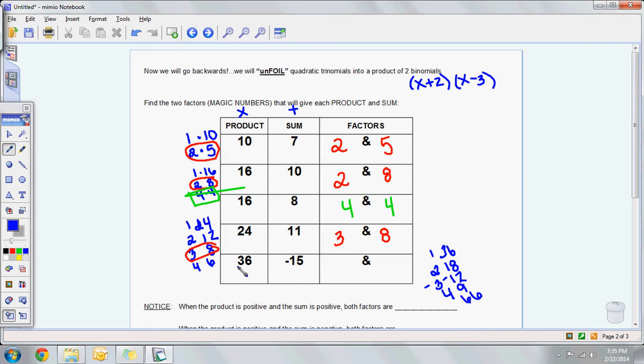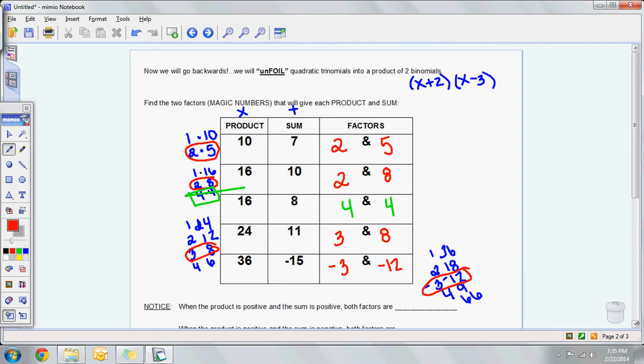But remember, it has to multiply to give us positive 36. So let's check that. So negative 3 times negative 12, will that give me a positive 36? And yes, it will. So the trick here is when it needs to multiply to give you a positive and add to give you a negative, you're just going to make both of the numbers negative.